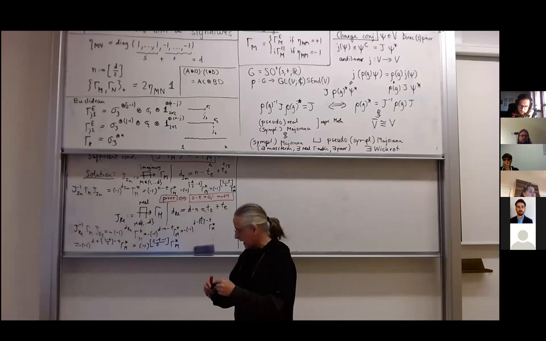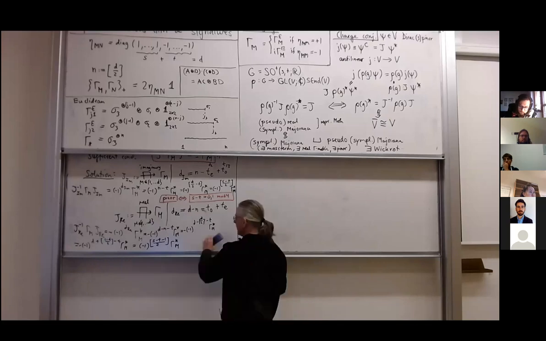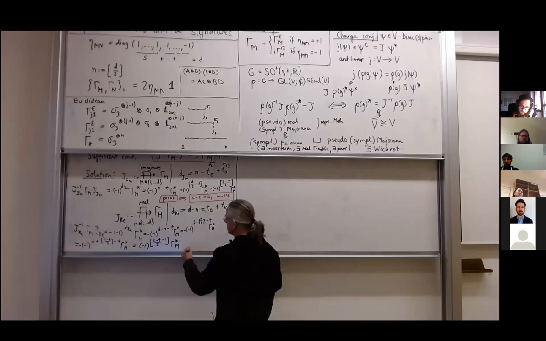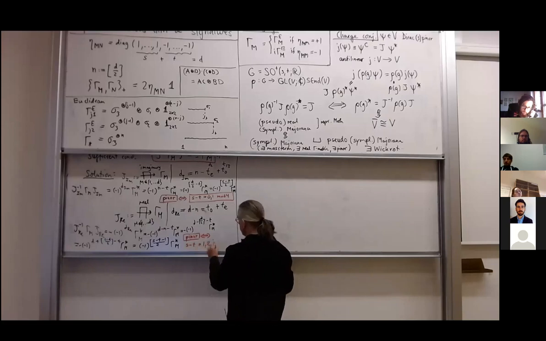And now we get the condition. If you use Pin here, the Pin condition becomes equivalent to s minus t being equal to 1 or 2 mod 4.